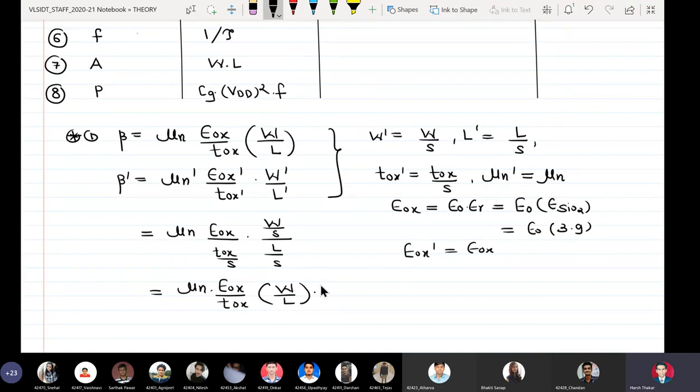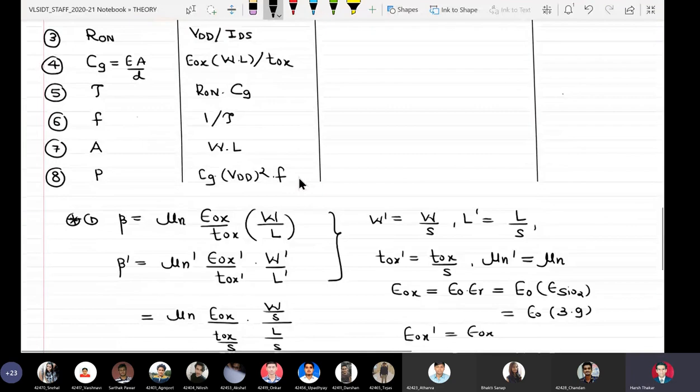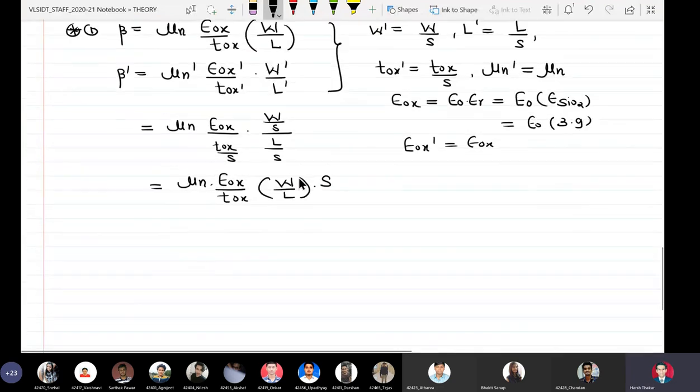S or 1 upon S? It will be S, right? Yes. So my new value of beta dash will be equal to beta into S.